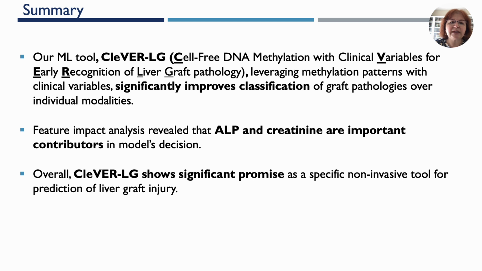We also find that ALP and creatinine are important contributors in the model's decision. And overall, CLEVER-LG shows significant promise as a specific non-invasive tool for prediction of liver graft injury.